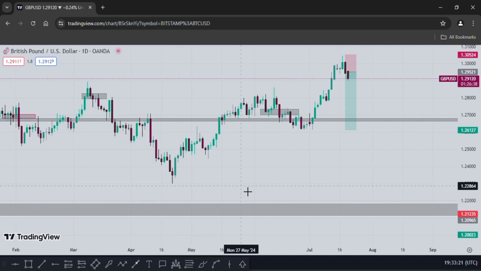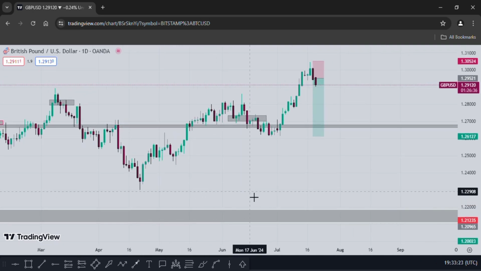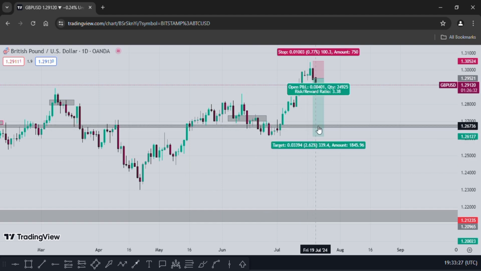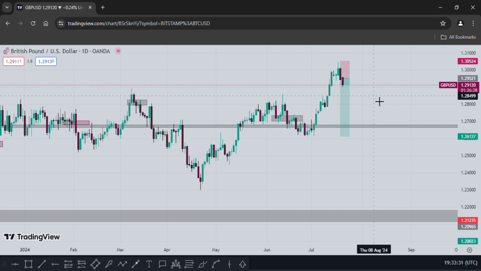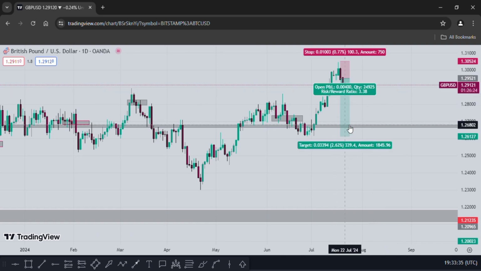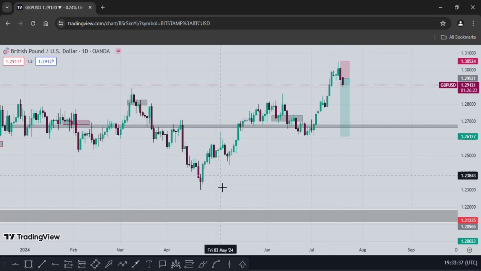But I don't want to get overly optimistic or too greedy, so I'll be hopping out around somewhere here. Then maybe I'll look for another selling opportunity, and if I see one, sell it all the way over to this zone here. So that is how I spotted this entry.